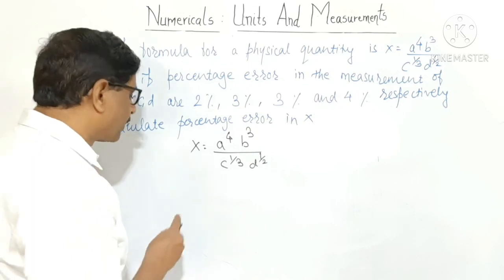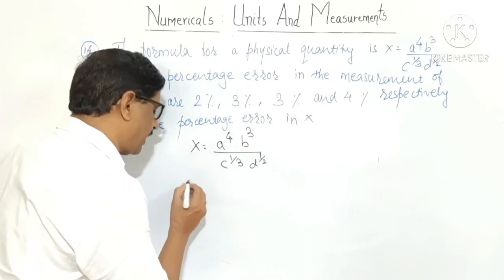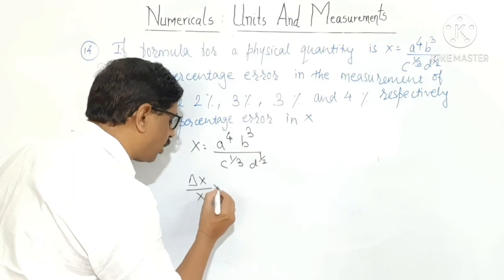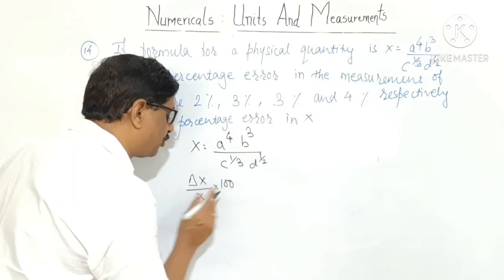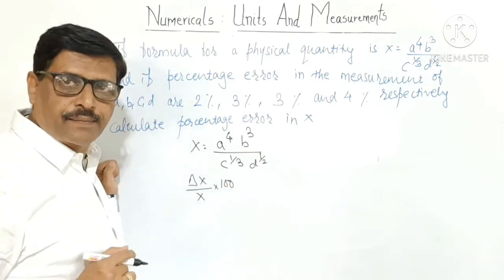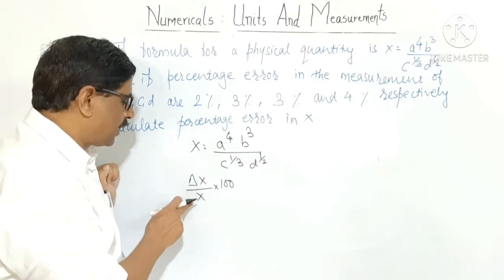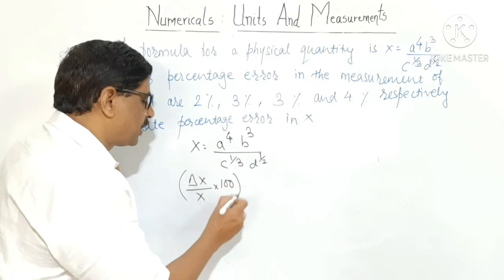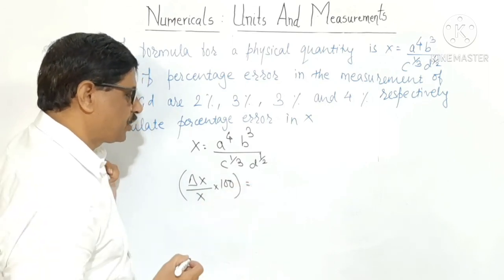The percentage error in X should be delta X divided by X, which we call the relative error, multiplied by 100. The relative error in the measurement of X is delta X by X. When it is expressed in percentage, it is the percentage error.